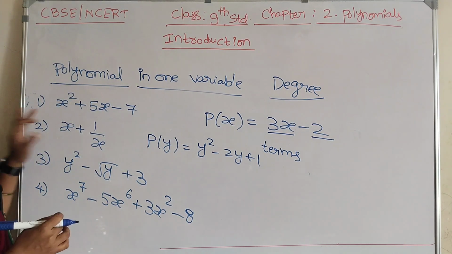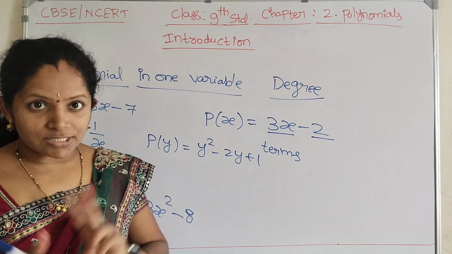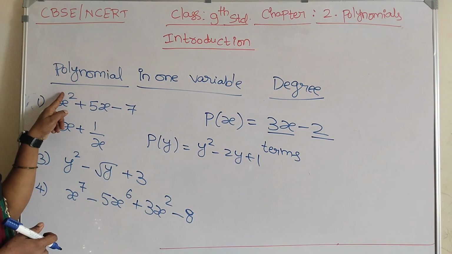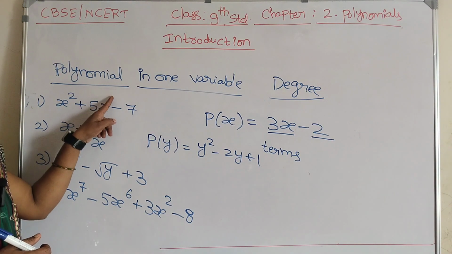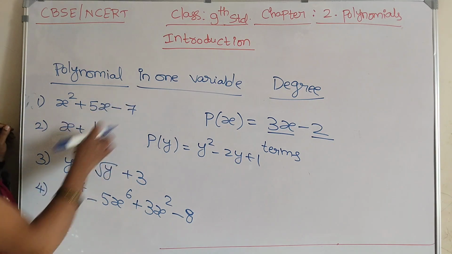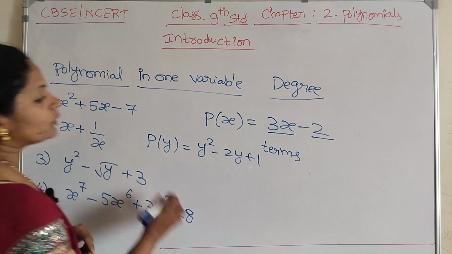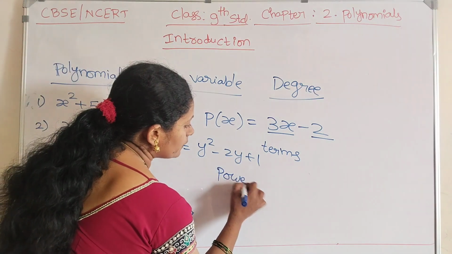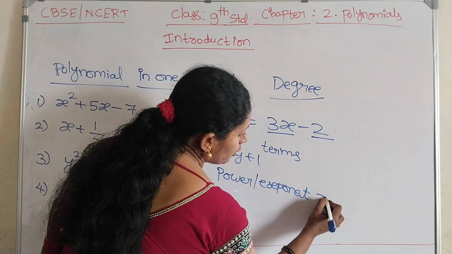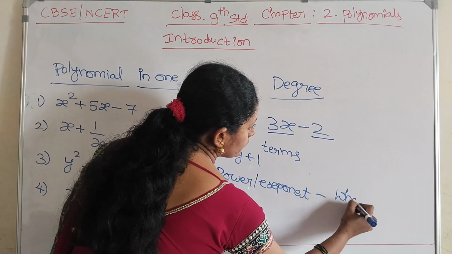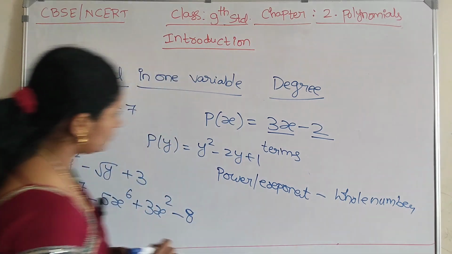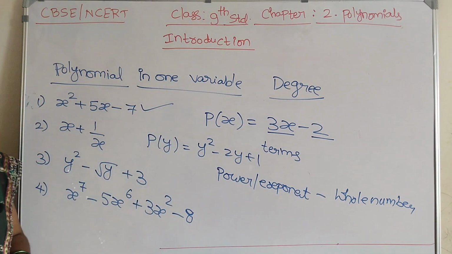We can say the degree of this polynomial is 2. Here the power is 2, and x power 1, and here nothing is there, means x to the power 0 we can take. The power or exponent should always be a whole number. Means it is a polynomial.